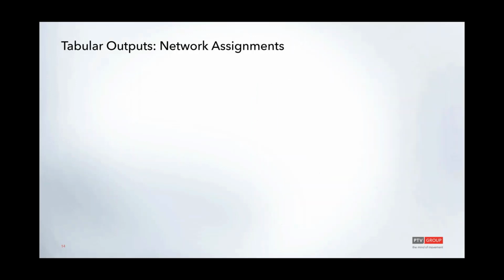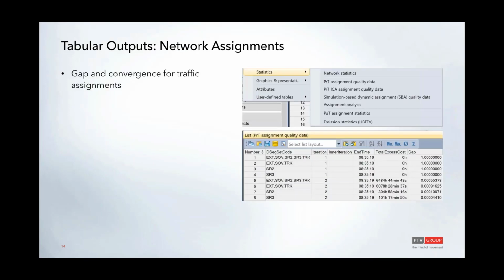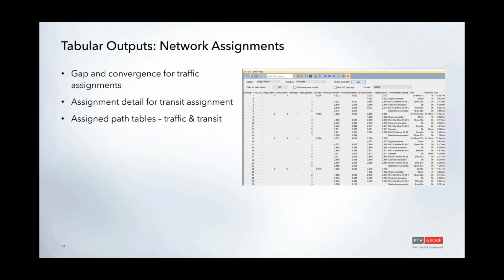All right. Another useful output is for network assignments. Over here, you can look at the gap in convergence quality for the network assignments once you run them. This is available in the statistics view, and then you can look at information related to your traffic assignment gap or the detail for the assignment in transit path or traffic assignment path data.